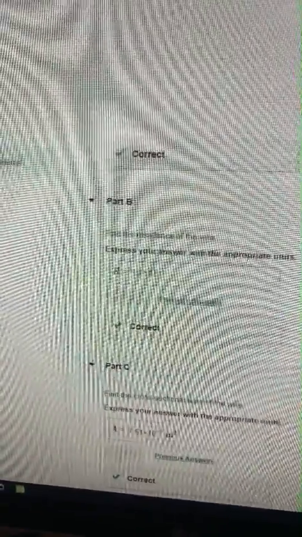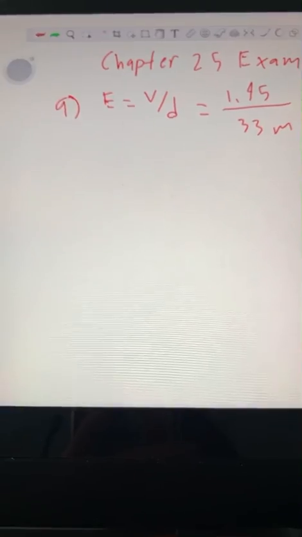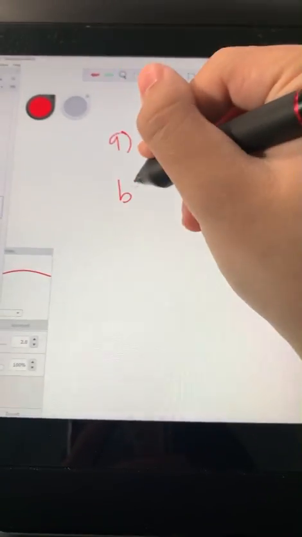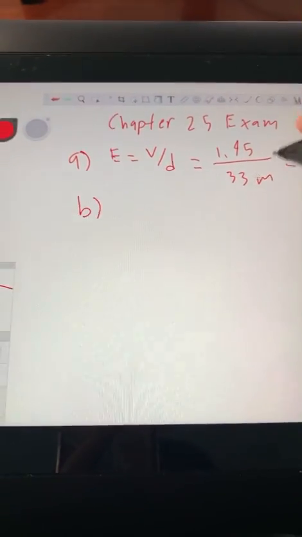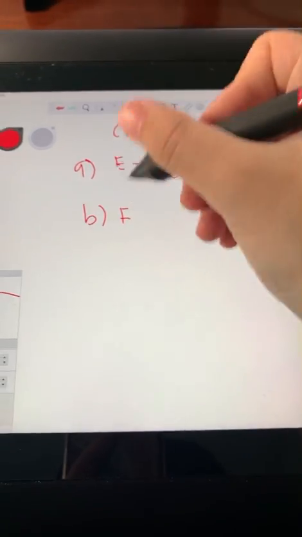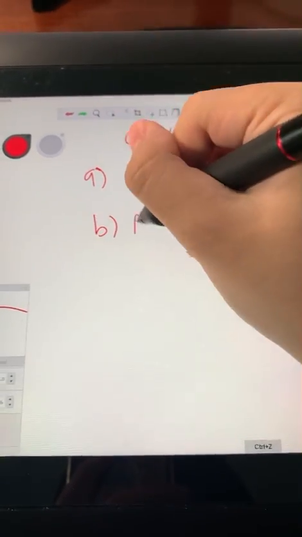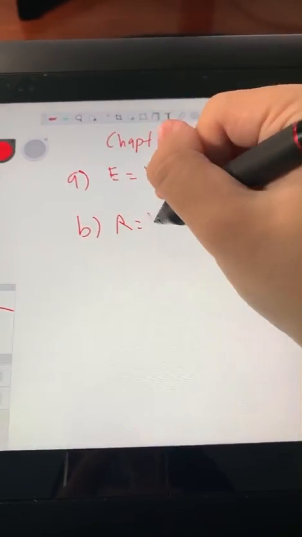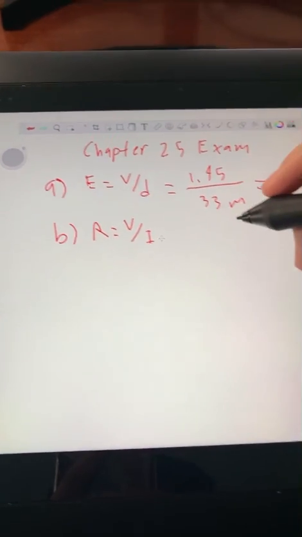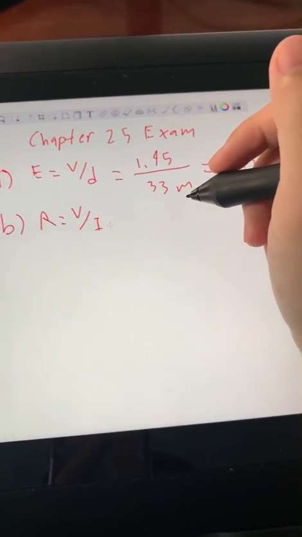For part B, instead of solving for the electric field magnitude, we have to solve for the resistance instead. So the equation we would use instead of E equals V divided by D is R equals V divided by I. So both these values again are provided.